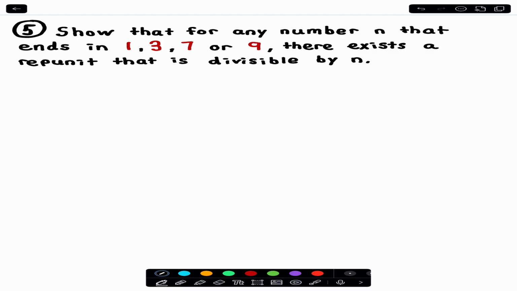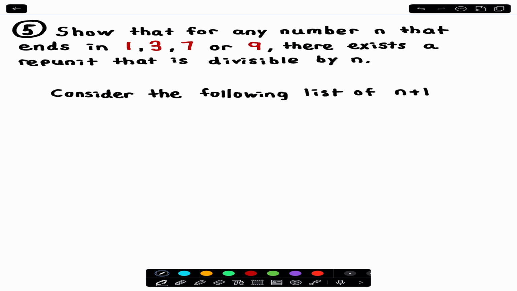Okay, so the way we're going to tackle this problem is we are going to consider the following list of n plus 1 rep units, and I'm going to list them all out as follows.